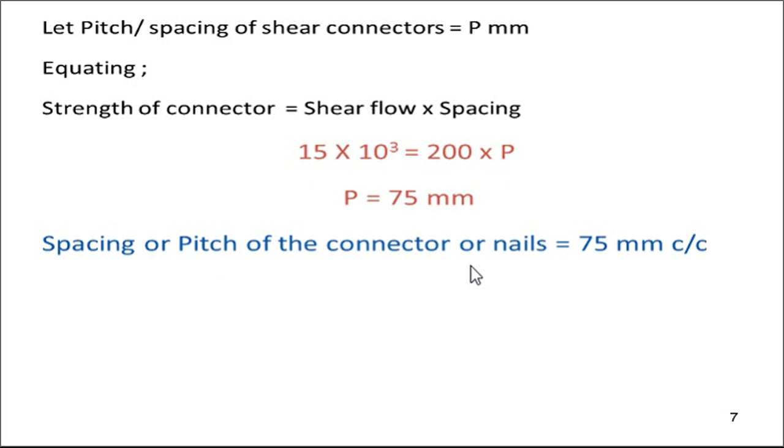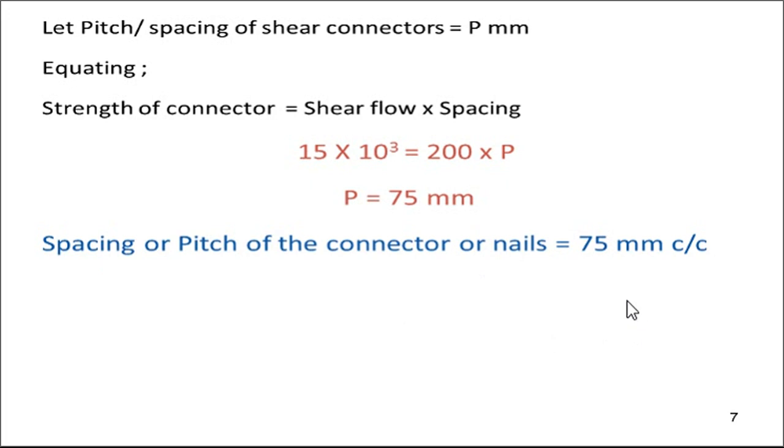Many times connectors are of different types. Maybe nails, maybe screws, maybe bolts. These are the different types of connector depending upon the material, whether it is wooden material, steel material, or plates. To join two different parts together can be done by these connectors.